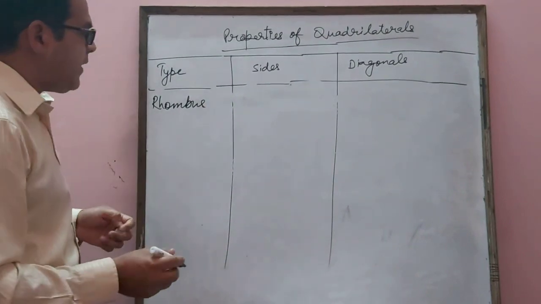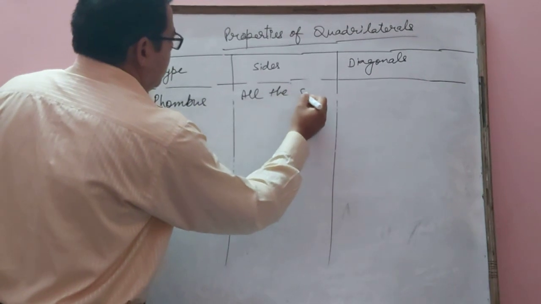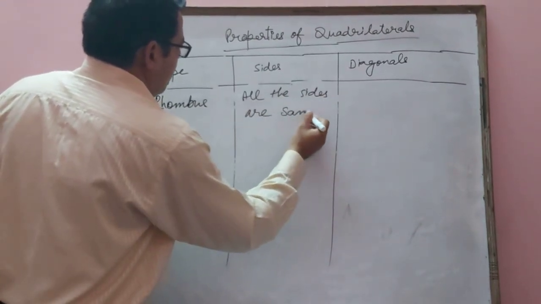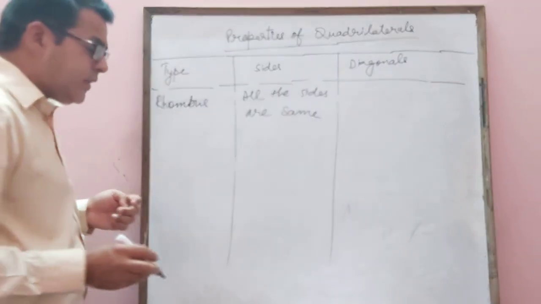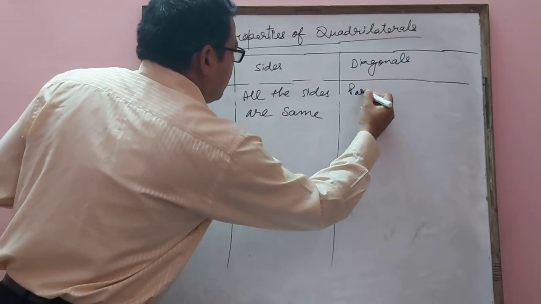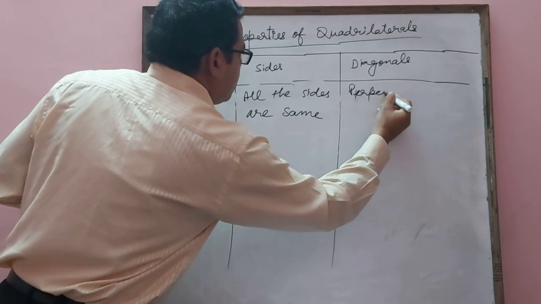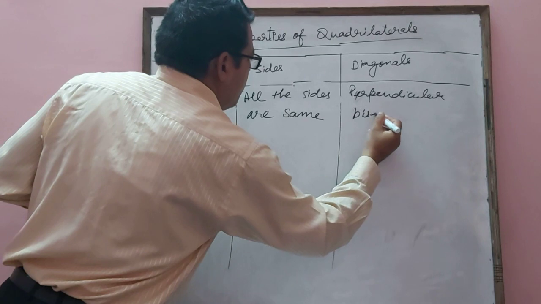As we know, in a rhombus all the sides are the same. Right? And what about their diagonals? Diagonals are perpendicular bisectors of each other.